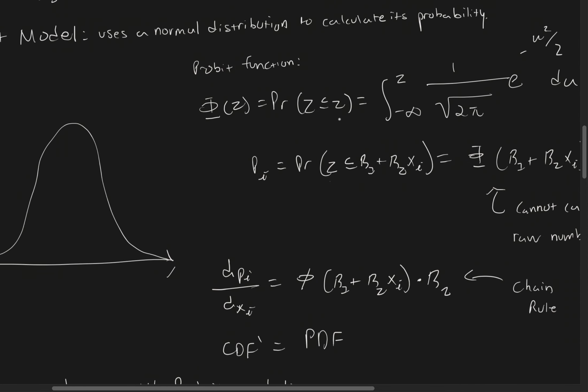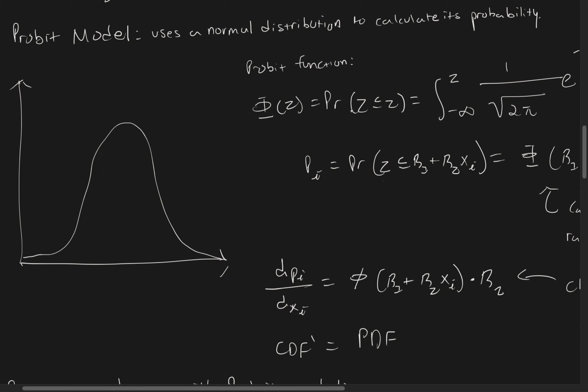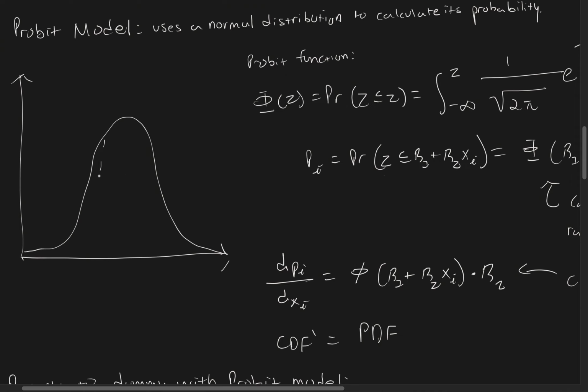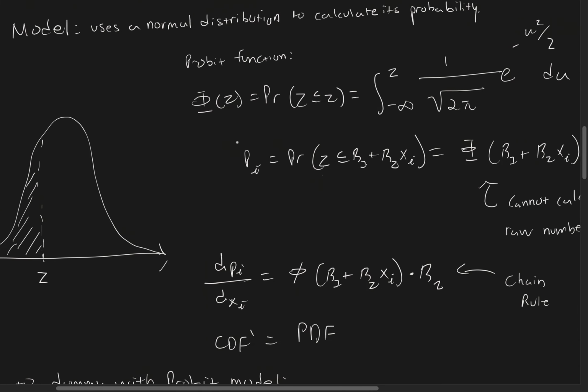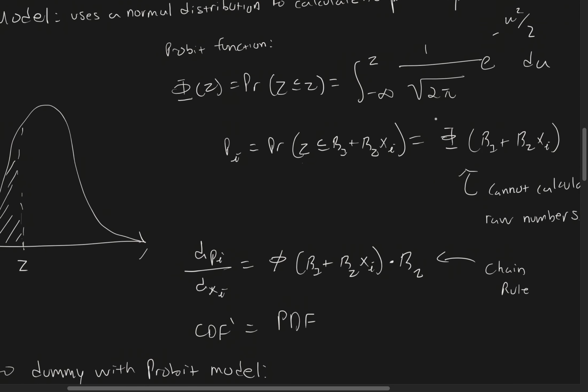So if we're measuring the probability of a value being under a certain value, like if we call this z, and we're finding the probability that will be under here, then this is how we would find an integral of it.